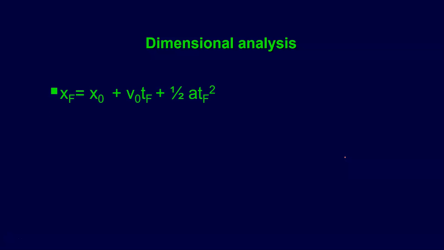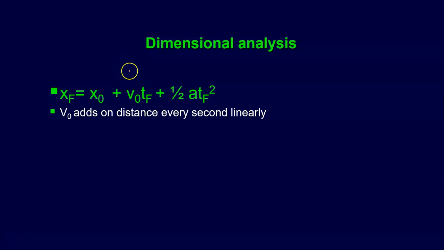And so just looking at this dimensional analysis, first of all, hopefully you can see that the dimensions here, meters per second times second, give us meters. And this one here, you've got meters per second squared times second squared, and that gives us meters as well. So both these terms are going to give us meters. And so what's happening is the v0 term adds on distance linearly, right?